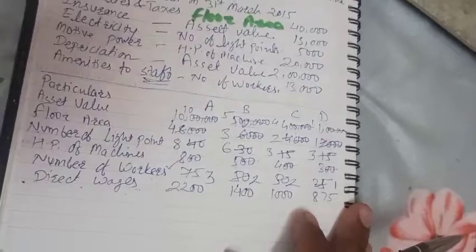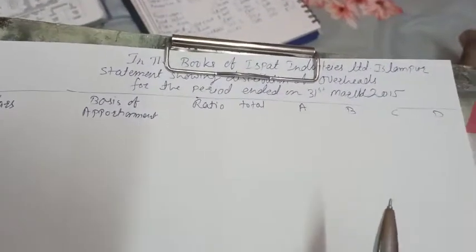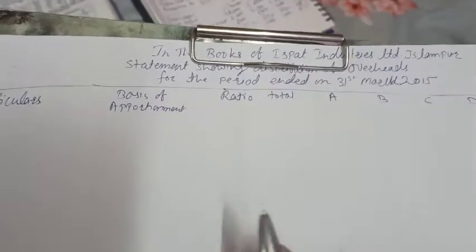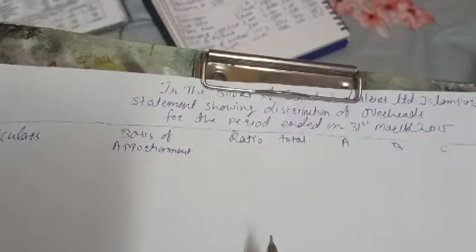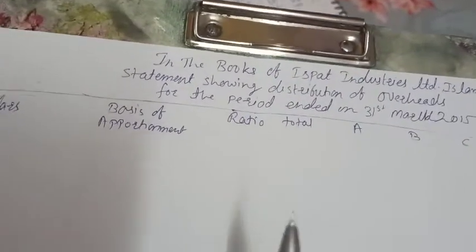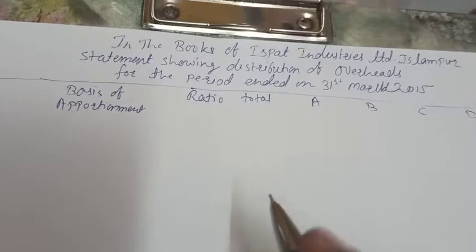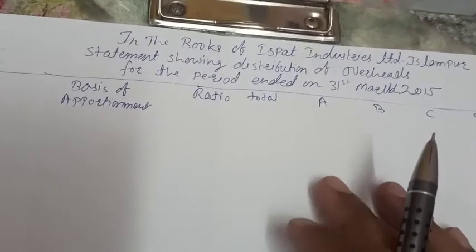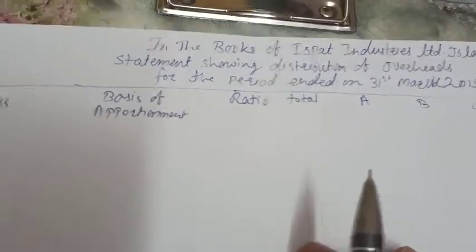Okay, let's start to solve. I already drew the table for solving. It starts with: in the books of Ispat Industries Limited, Islampur, statement showing distribution of overhead for the period ended 31st March 2015.